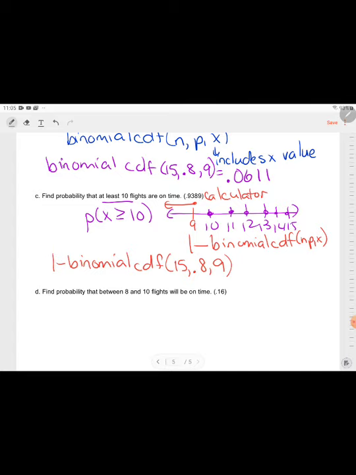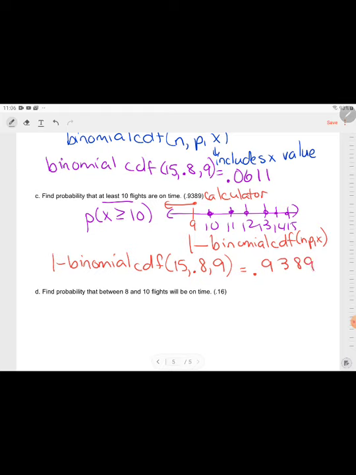So anytime you want to go to the right, we're going to do 1 minus binomial CDF, and we get 0.9389.